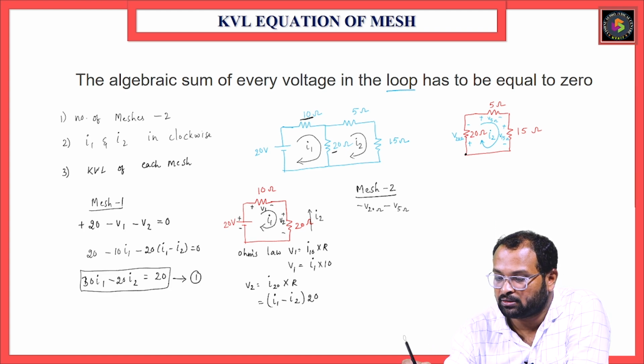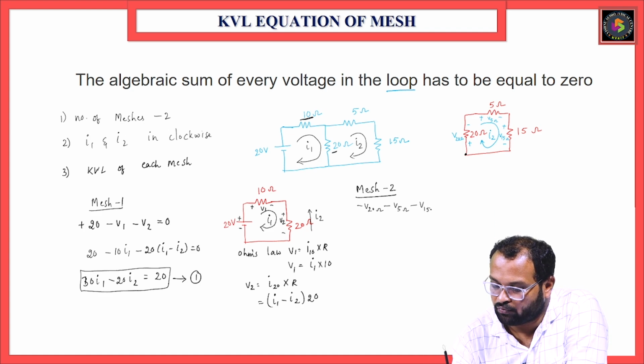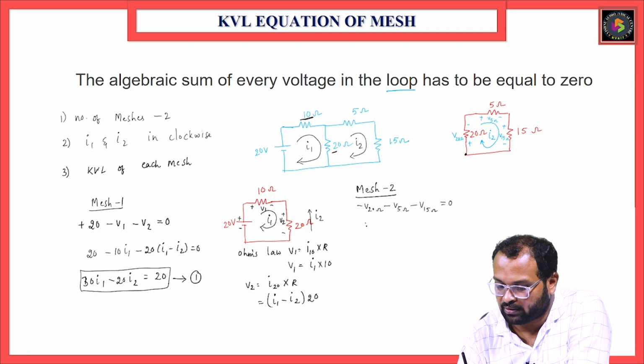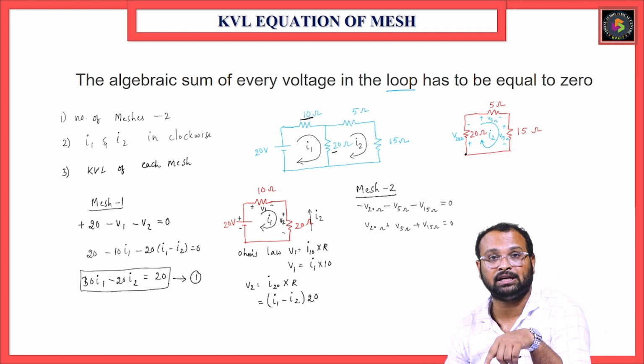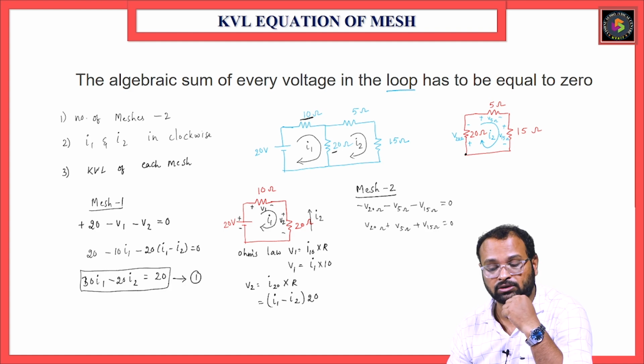Again a resistor, minus V15 ohms is equal to 0. If you take all the minus signs, it becomes V20 ohms plus V5 ohms plus V15 ohms is equal to 0. Now we have to convert this equation into mesh equations by using Ohm's law.